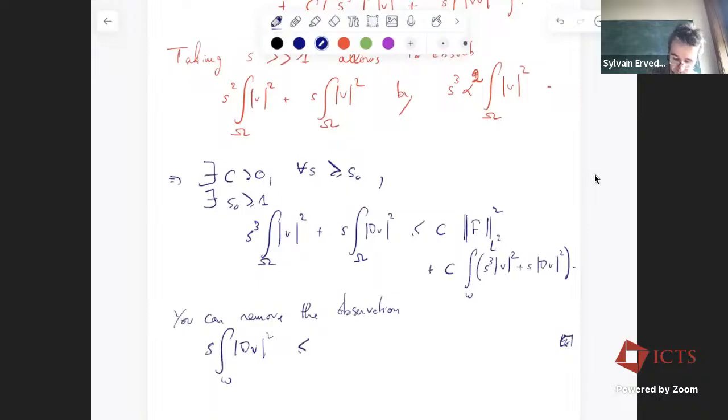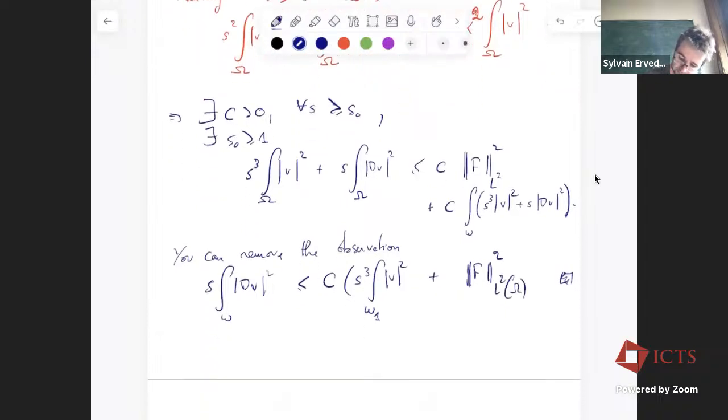So basically you want to say that it is bounded by this, provided here you take omega 1, which is slightly larger.